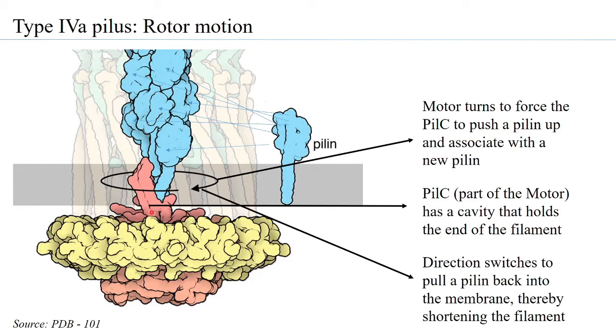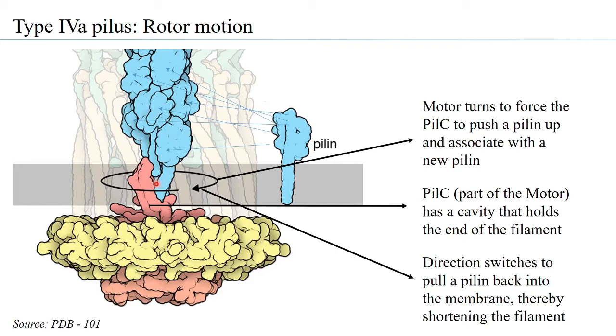Now, say for example, the switch changes to change the direction. Right now, the movement of the motor was this. Due to the switch getting activated, suppose the rotation goes in the other direction. With the change in the direction of the motor, the pilin forming the end of the entire pilus will now go inside and the next pilin will take its place.